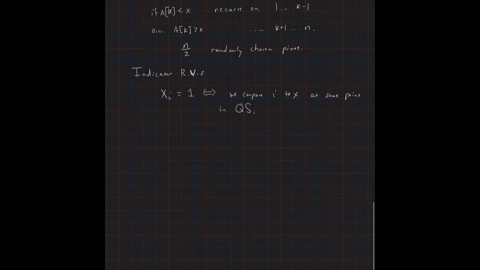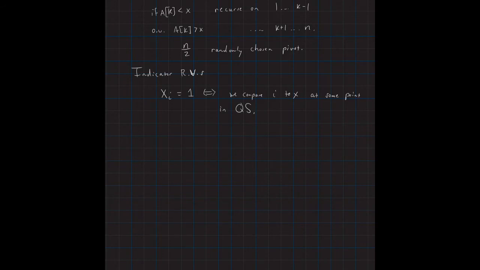Now, if this happens, then in total the number of comparisons we could do would be 3. We compare the ith element to x, then we might have to compare it for less than and greater than. We could also think of this as just one big comparison. It doesn't matter, so in big O notation this will be equivalent to what we want.